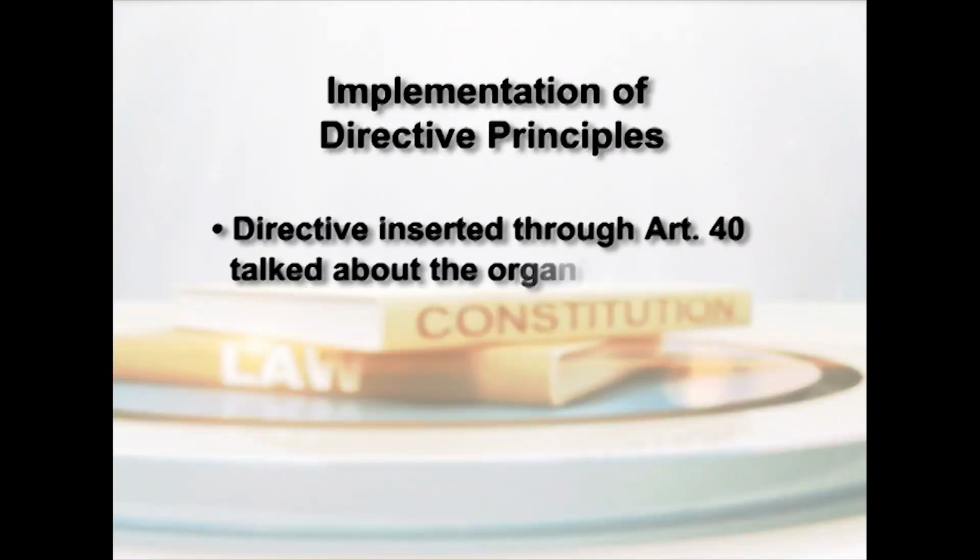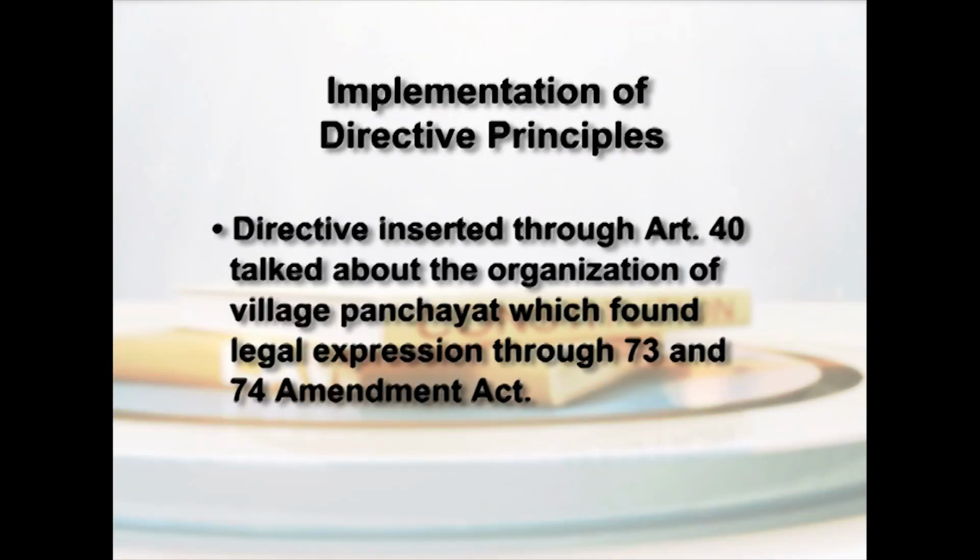Directive principles of state policy have been found most effective in the area of implementation of local self-government. The directive inserted through Article 40 talked about organization of village panchayats. This directive found legal expression through the 73rd and 74th Amendment Acts. Part 9 and Part 9A were inserted in the Constitution.